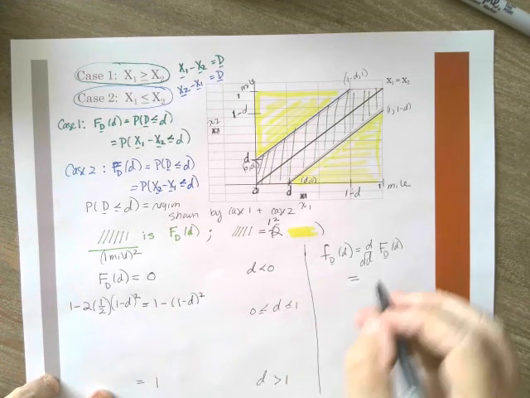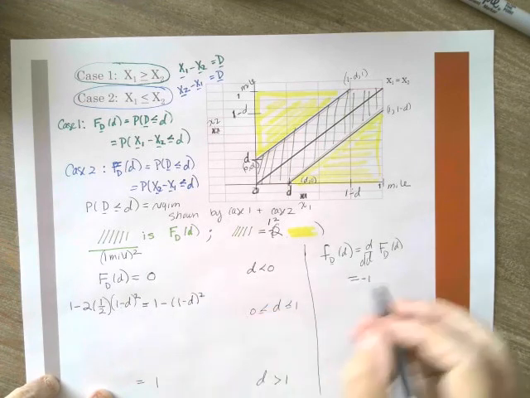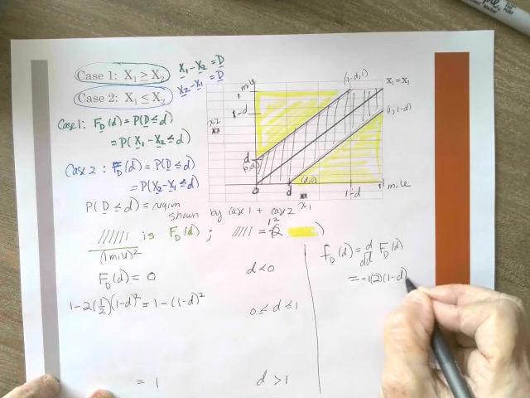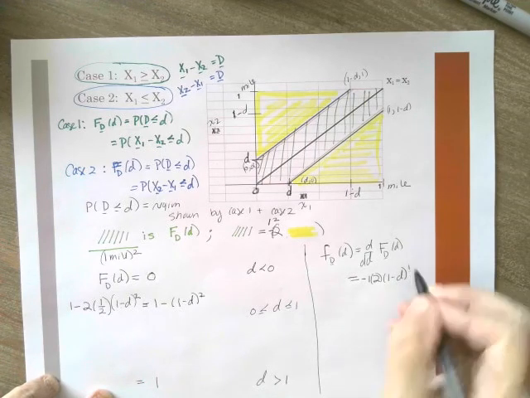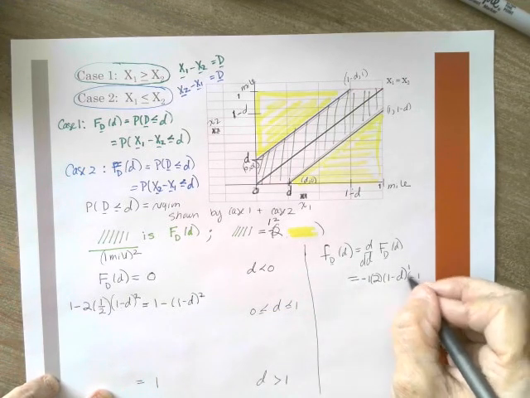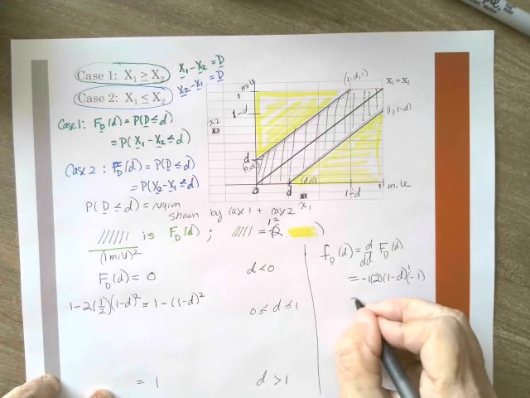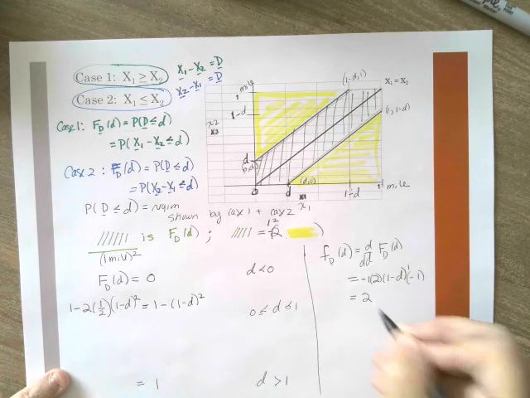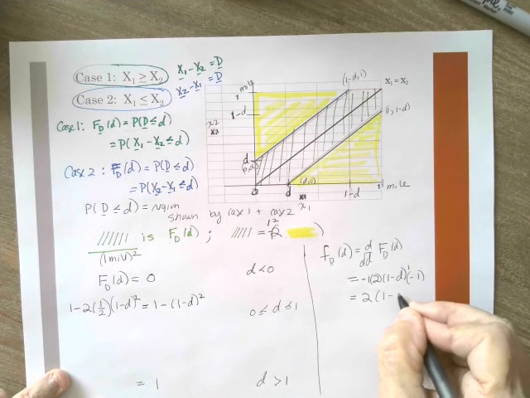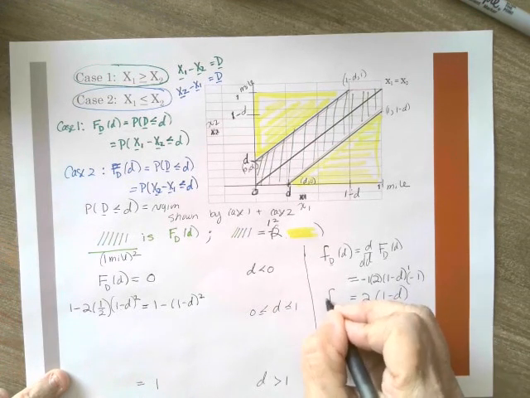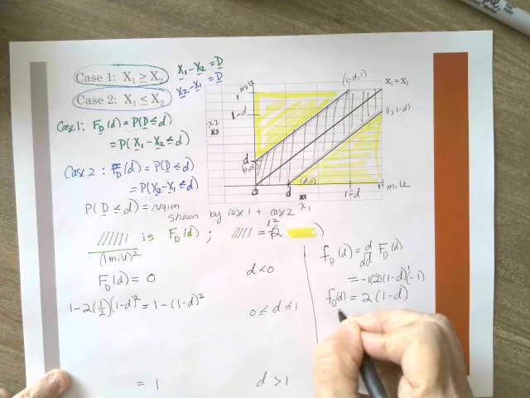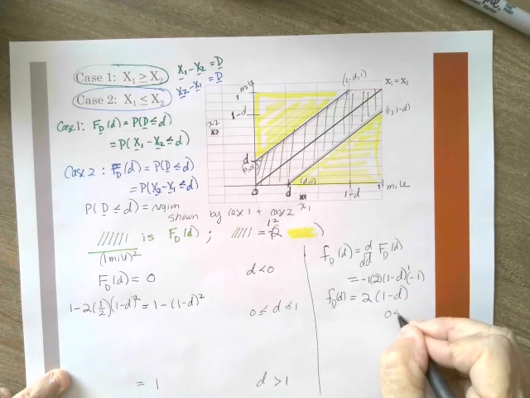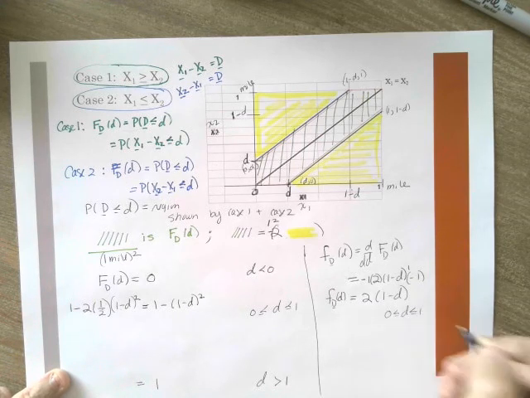So we have a minus 1, bring the 2 down, times 2, times 1 minus d raised to the first power, times the minus 1 that's in there. When I pull all of this together, it ends up being just 2 times 1 minus d. I'll rewrite that there. So that's my PDF right there, and that's good for 0 less than or equal to d less than or equal to 1.